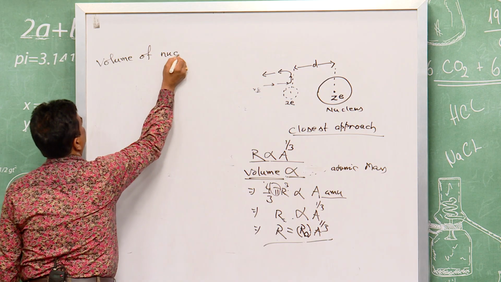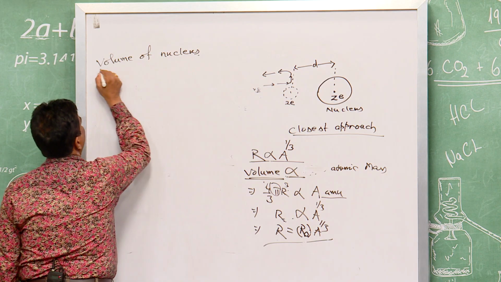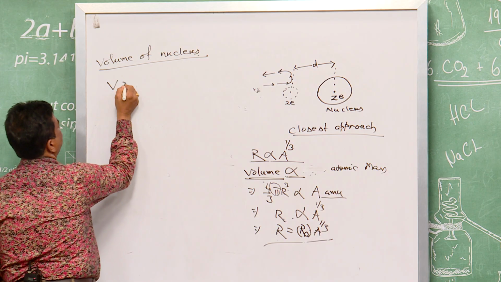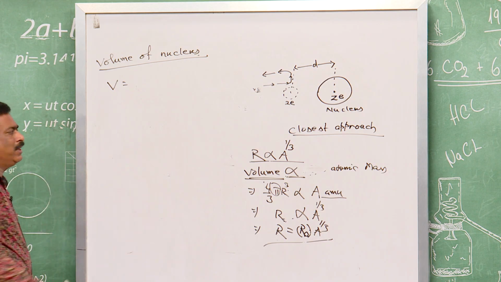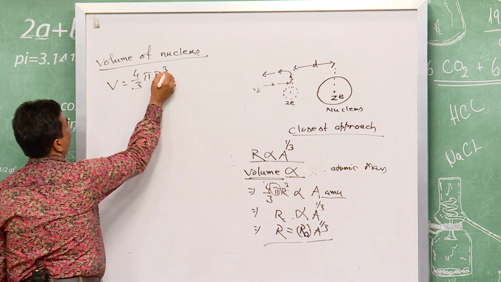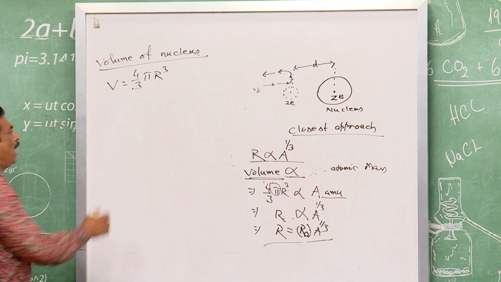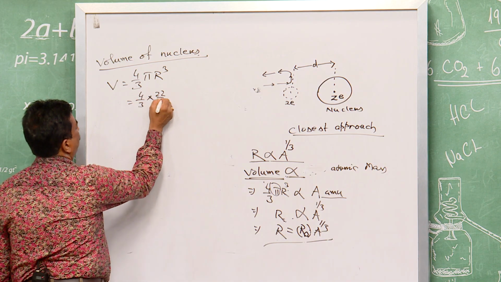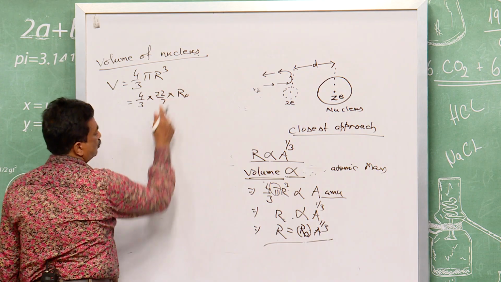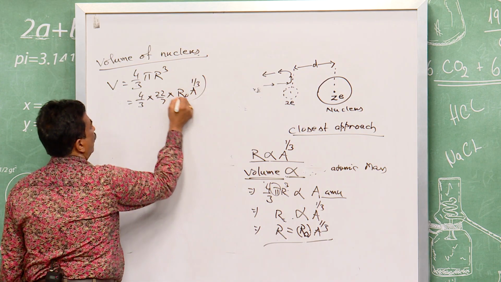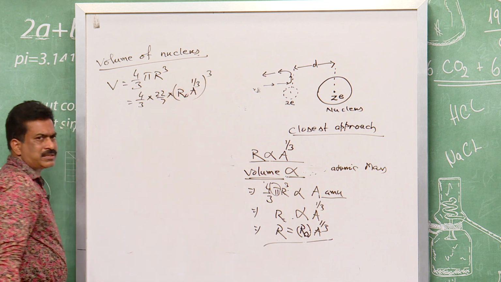Volume of the nucleus. The volume V is equal to 4 by 3 pi R cubed, and that is equal to 4 by 3 pi times R0 A to the power of 1 by 3, whole cubed.